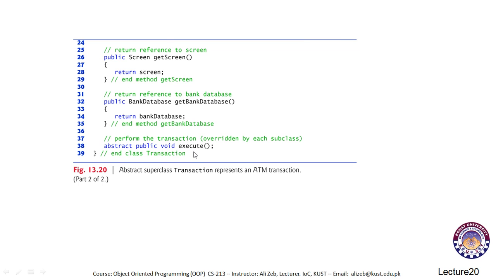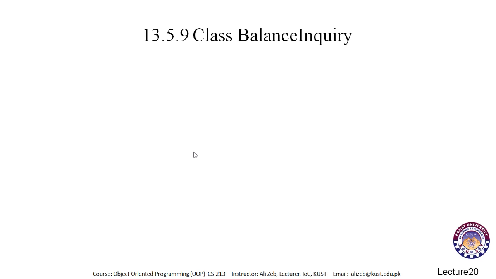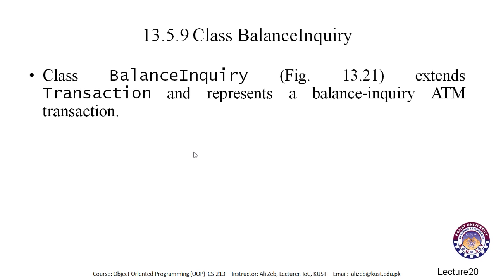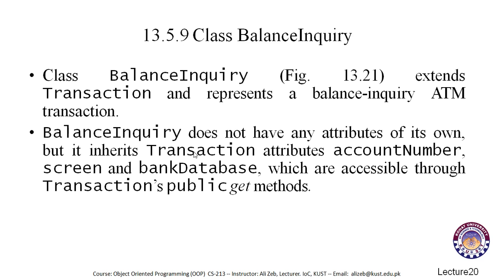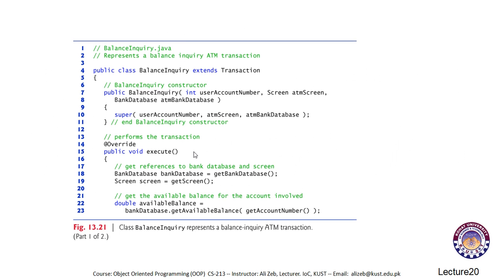The BalanceInquiry class extends Transaction and represents the balance inquiry ATM transaction. BalanceInquiry does not have any attributes of its own, but it inherits Transaction's attributes, account number, screen, and bank database, which are accessible through Transaction's public get methods.